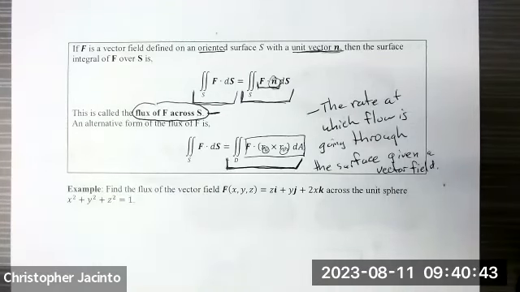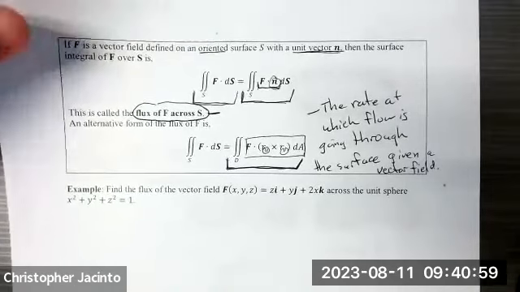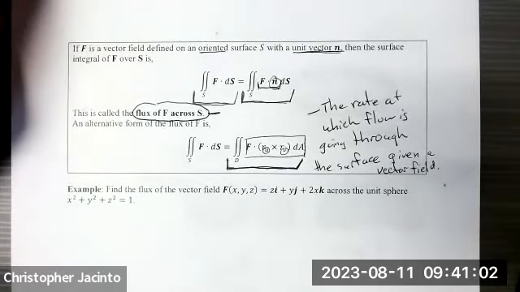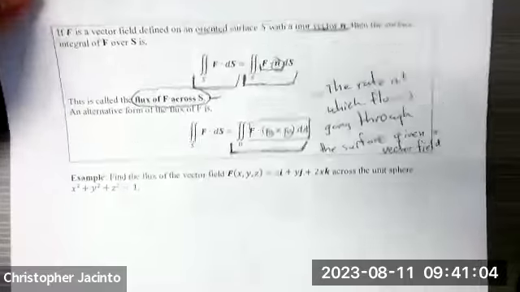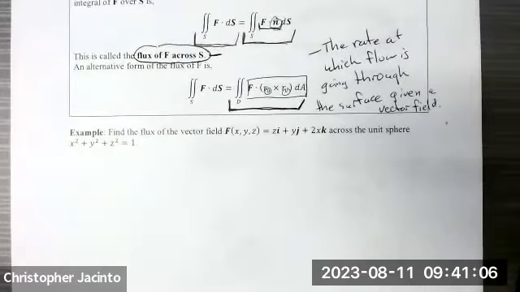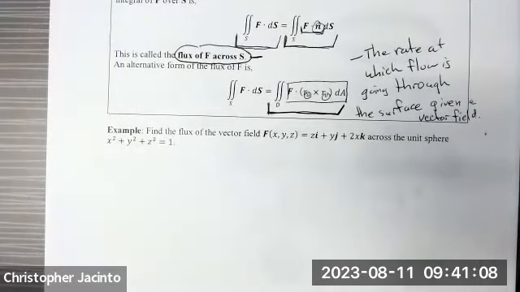Okay, so we have our new equation for the flux over a vector field, not just over a function f. So let's do roughly the same example we did last time. Let's find the flux over this vector field, again across the sphere x squared plus y squared plus z squared equals 1.